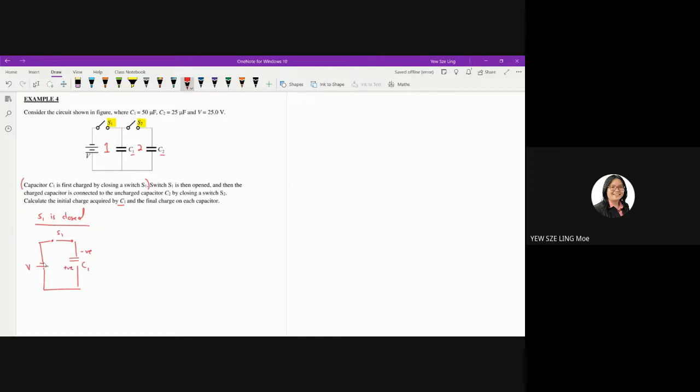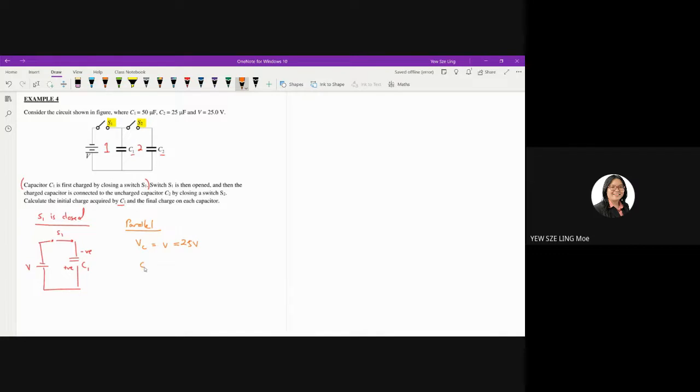The negative plate is connected to the negative terminal of the battery, the positive plate to the positive terminal, meaning that now this is a parallel circuit. When you have a parallel circuit, VC equals V. When it is fully charged, that equals 25 volt.